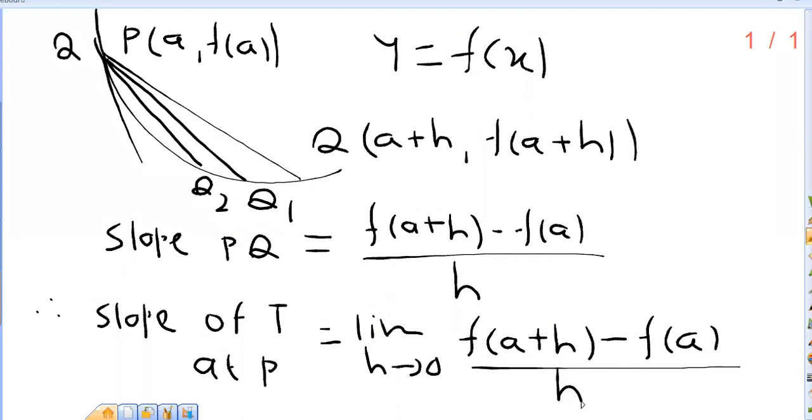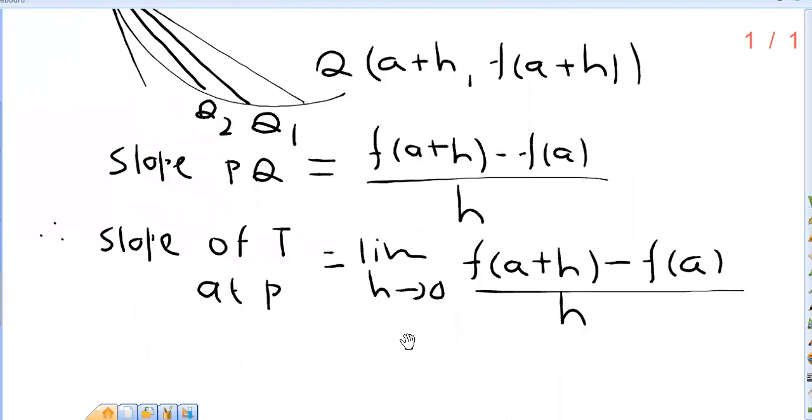But note that the right hand side is nothing but the derivative of the function y equal to f(x) at x equal to a, which is denoted by f dash of a. Thus, what is f dash of a? F dash of a is nothing but the slope of the tangent to the curve y equal to f(x) at a point on the curve.